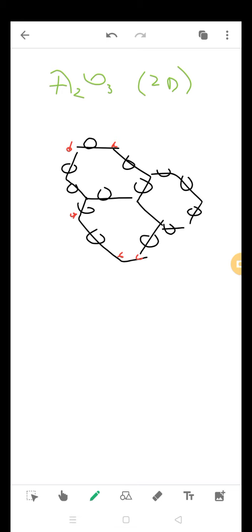If this pattern is maintained throughout the crystal, then we can call it an A2O3 crystal.